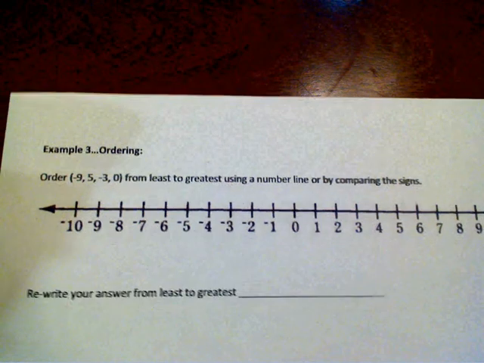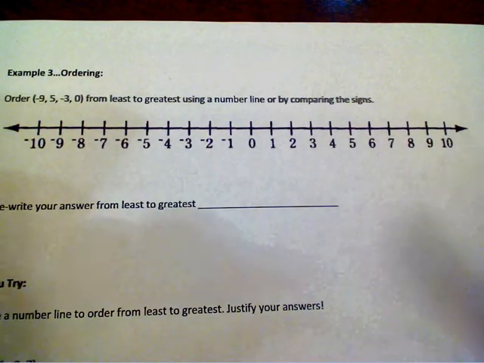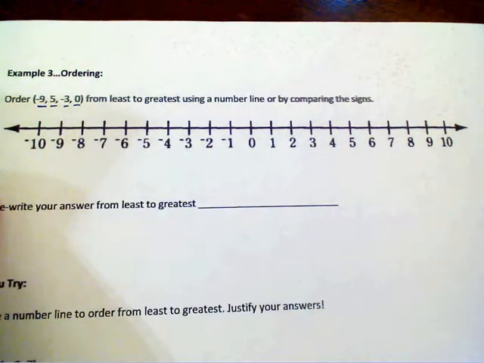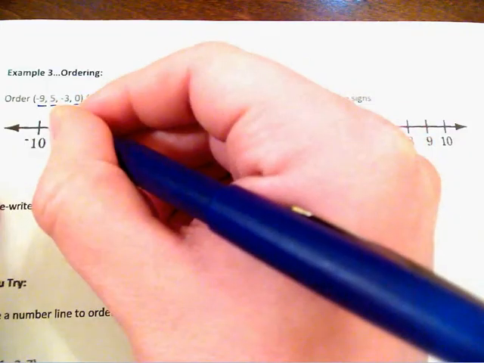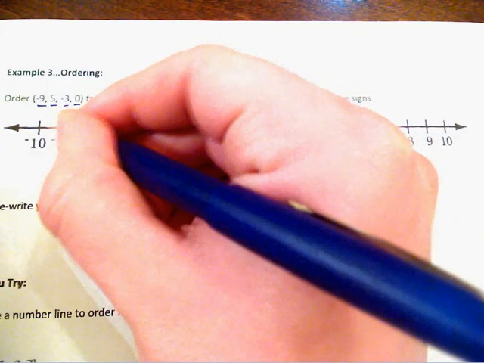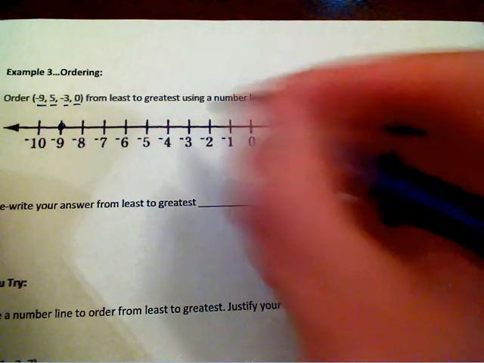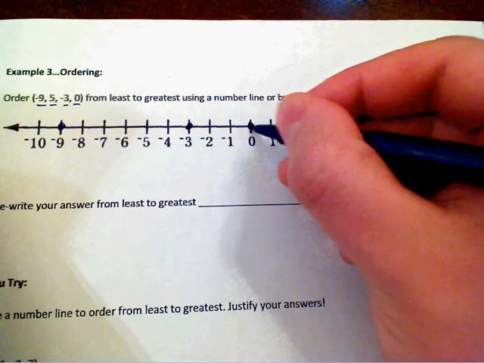Taking a look at the top of your next note page, ordering. We're going to use this number line to help us order these four integers. First we have to graph them on our number line. We have -9 right here, +5 right here, -3 right here, and 0 right here.